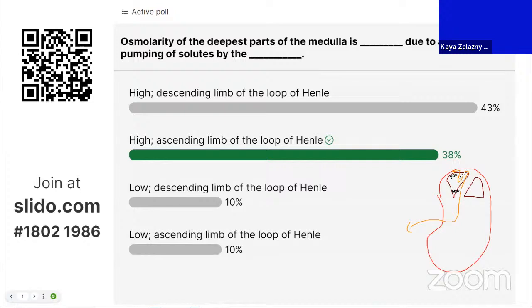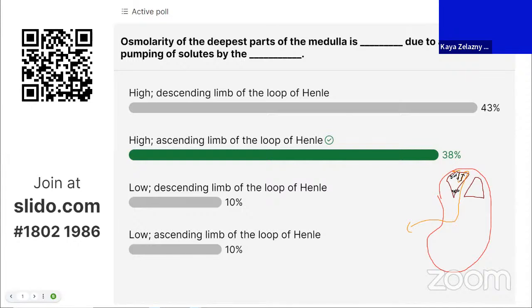We start to see changes in the osmolarity of the filtrate as it's traveling through these regions, so it's going to start matching pretty much the region that it's going through. That's the descending limb. And in the ascending limb, we see that filtrate starting to drop in osmolarity, coming from 1400 back towards 300.